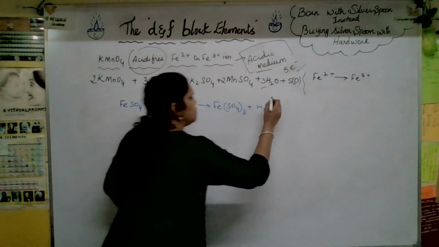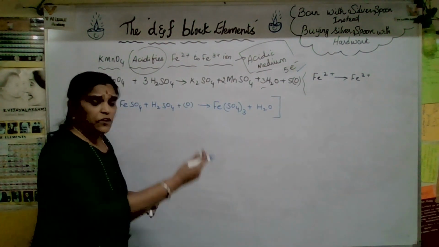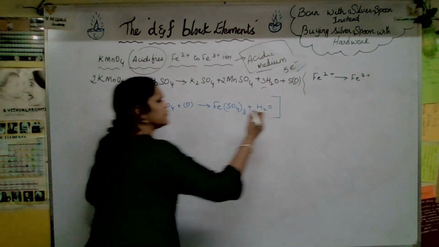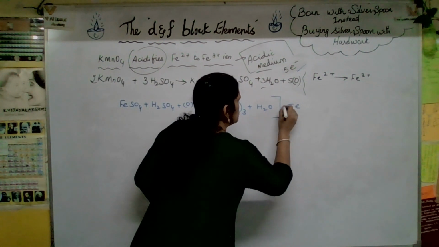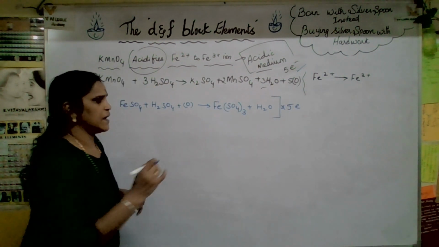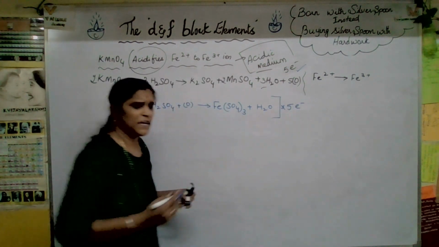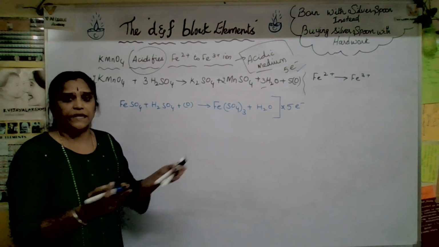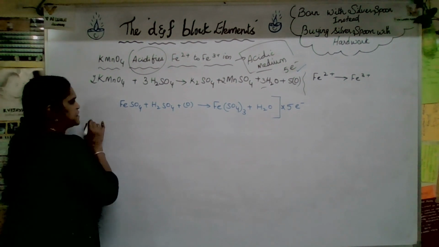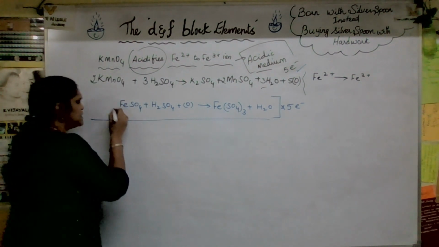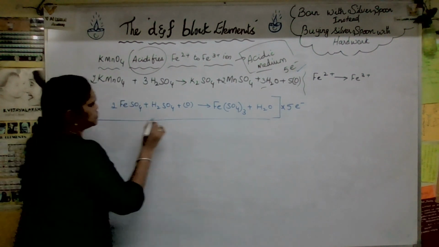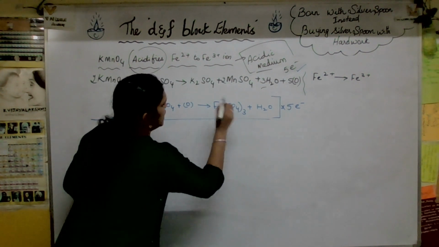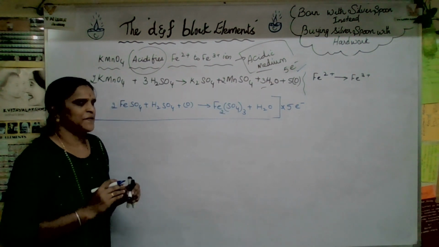So here the number of electrons involved in acidic medium means 5 electrons only, right? So multiply with 5 electron. Why we are multiplying? To compensate, equalize. For that is the reason. Okay, now here balancing equation, here 2 FeSO4. Why? Because Fe2(SO4)3, ferric sulfate.